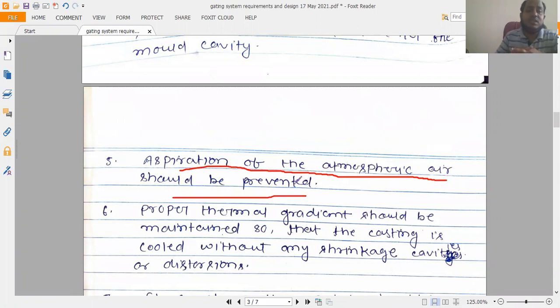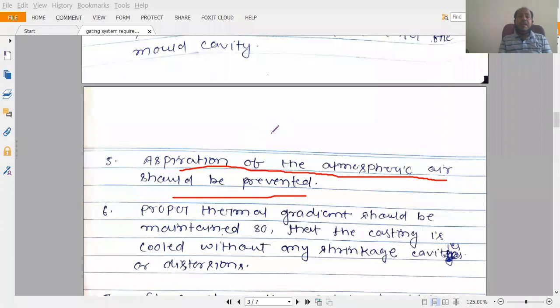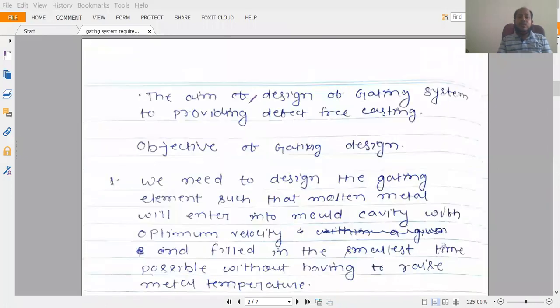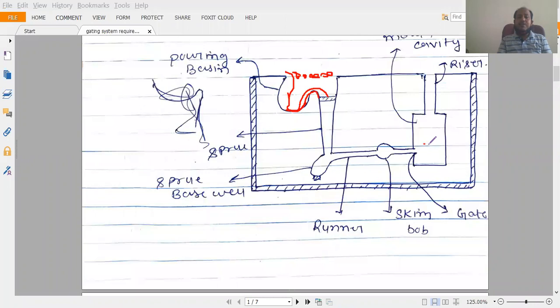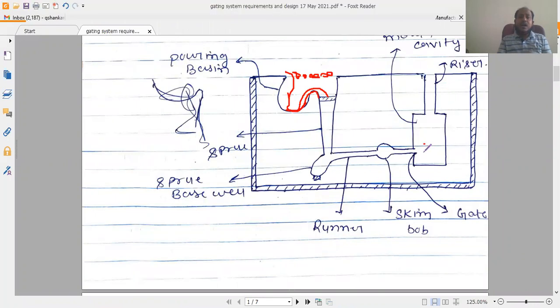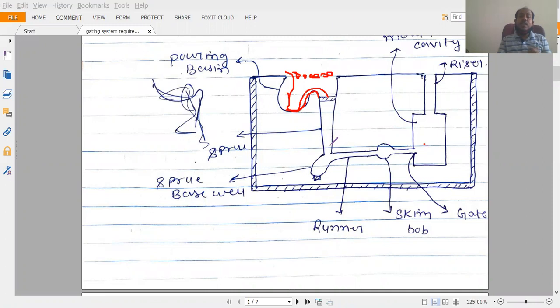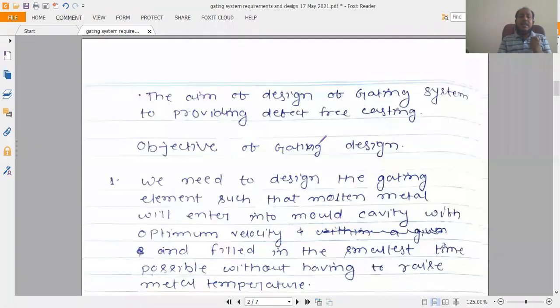So these are all the things we need to know about how to design the gating system so that air aspiration is eliminated. There should be no air interruption anywhere from the ladle to entering the mold cavity. If low pressure is generated anywhere, air aspiration will happen there and the molten metal cannot flow smoothly. So we design the gating system so that air aspiration can be avoided.